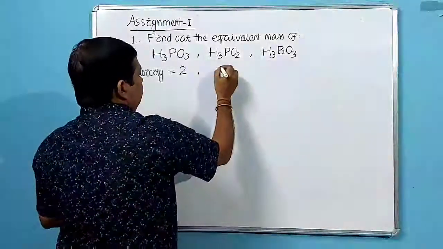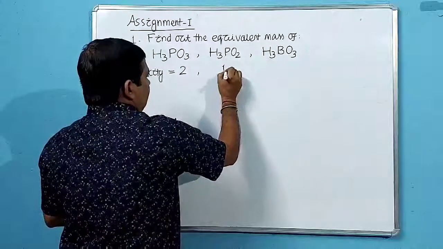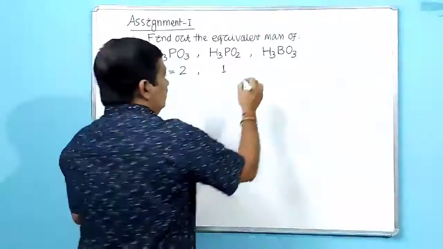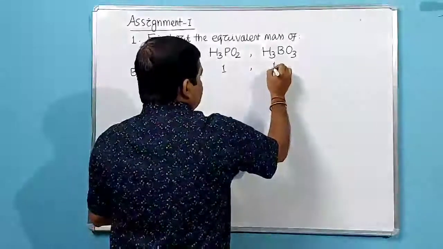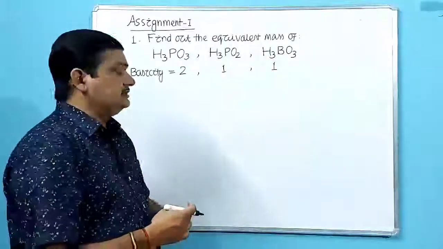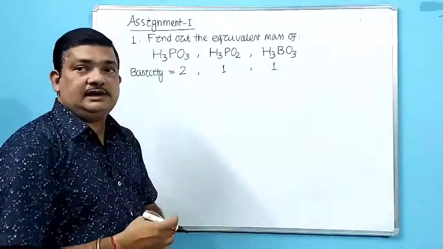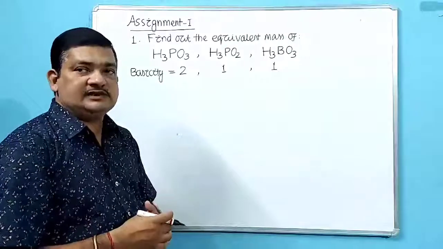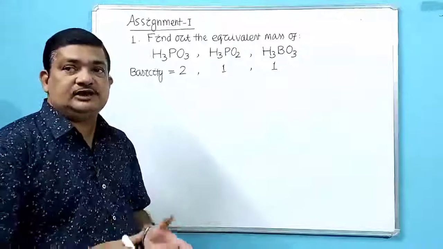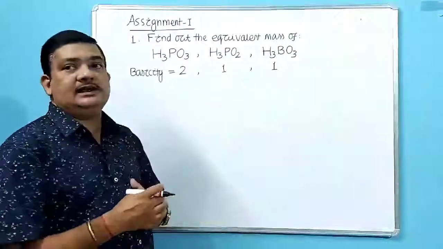Similarly, the basicity of hypophosphorus acid is 1 because it has 1 replaceable H+ ion. The basicity of orthoboric acid is 1 because in aqueous medium it yields only 1 H+ ion. In the last class, I already discussed why the basicity of these 3 is like this.